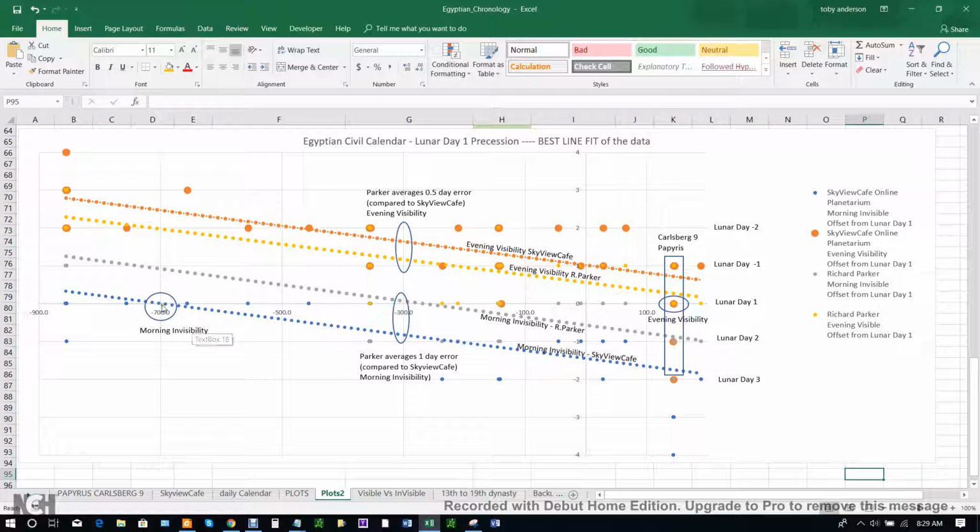So if Parker's right, Parker thinks it's morning invisibility, and that it started back here and it went down the line. That means this is saying when it started was right there. In Parker's viewpoint, it crosses right around there, which would have been about 275 BC, roughly.